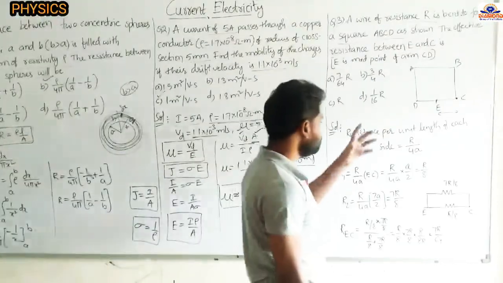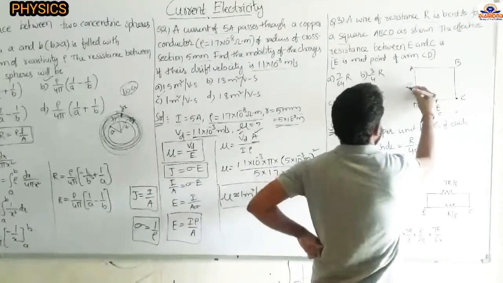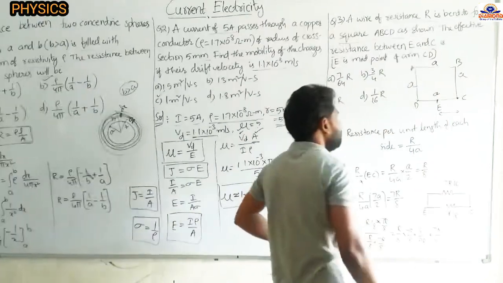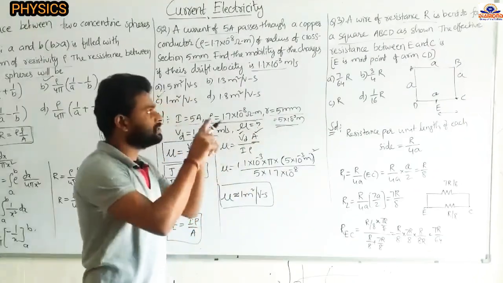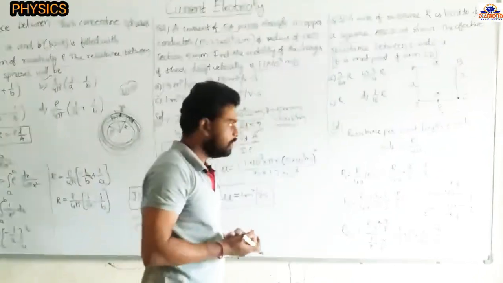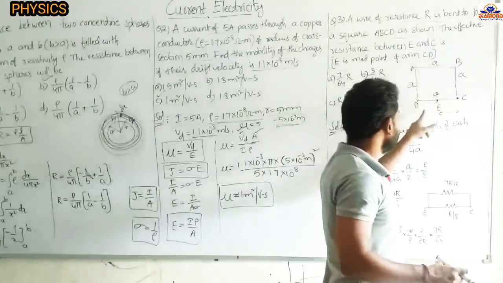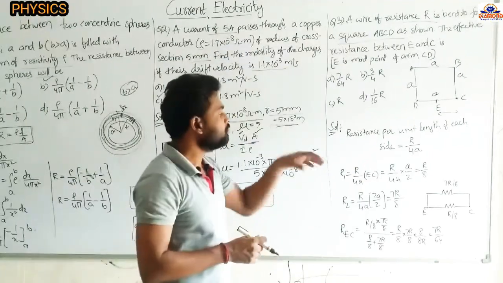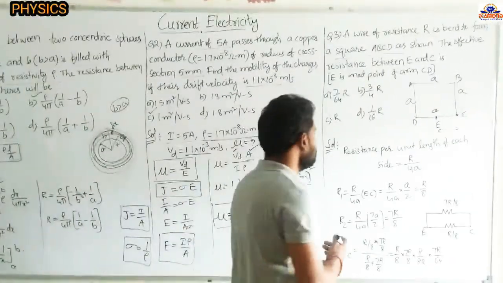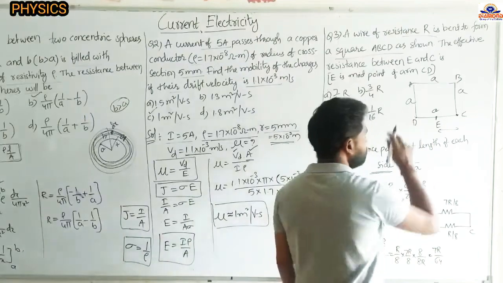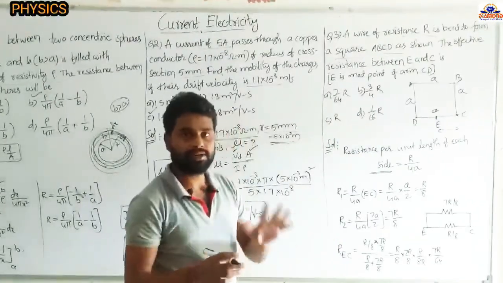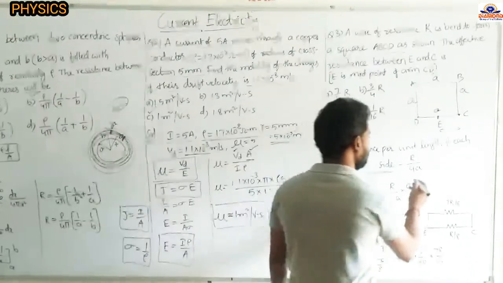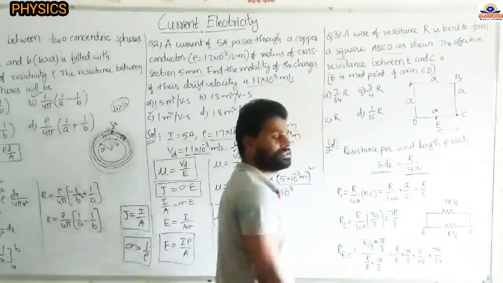Suppose we assume this is the square and each side is the same length A. The wire of resistance R is bent in the form of the square, so the total resistance of this wire is R. The resistance of each side is the total resistance divided by the 4 sides, times the side length A, so R by 4A per unit length.